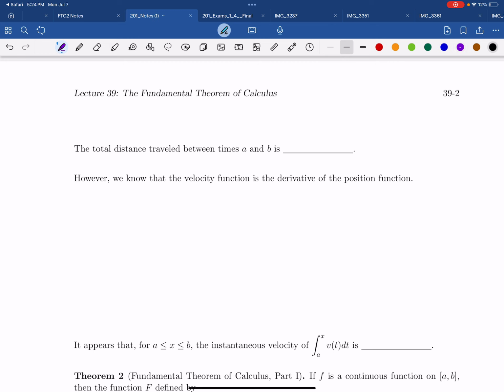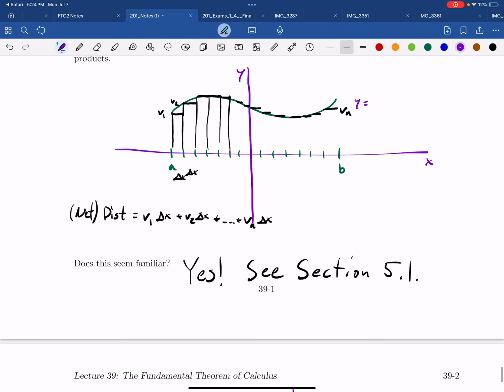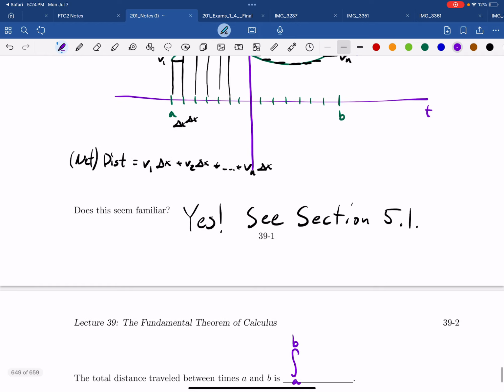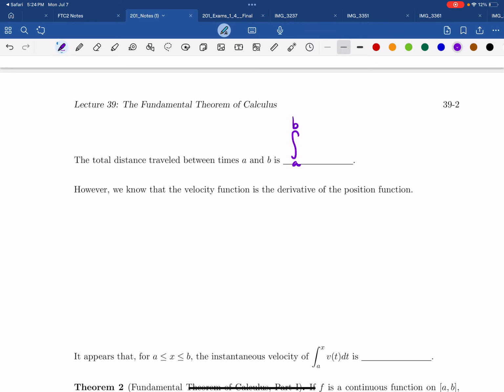So we know that the total distance traveled between times A and B, just by the definition, is the integral from A to B of, if this is y equals f of x, or I'll call this f of t, really just for time purposes, right? The integral of f of t dt. That's the definition. But we know that the velocity function is the derivative of the position function.